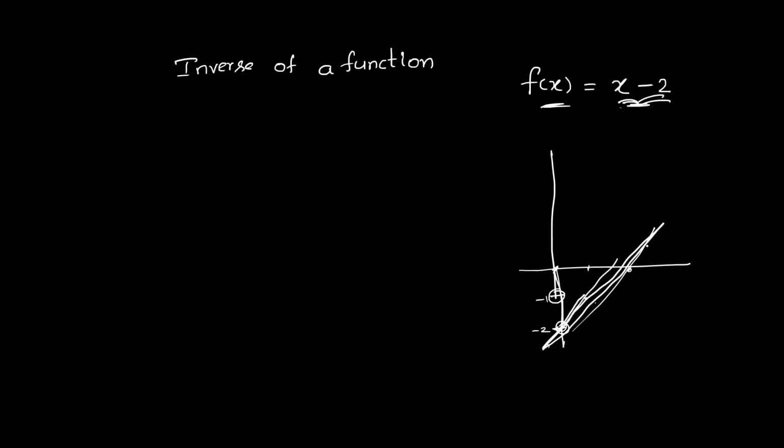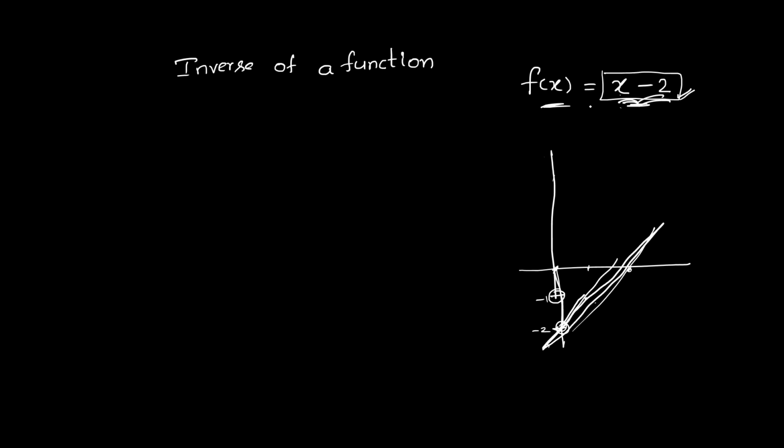Now here I am not bothered about the graph or the function itself. Here, for different values of x, we are getting different values of the function, which is taken on the y axis. Remember this point. For x is equal to 0, we get the function value as minus 2.